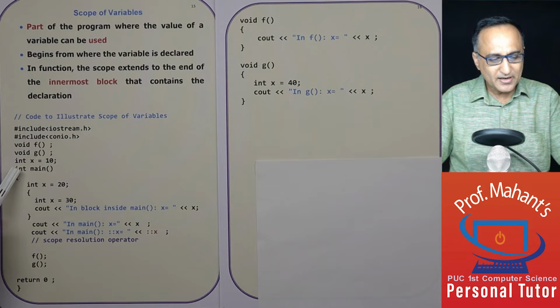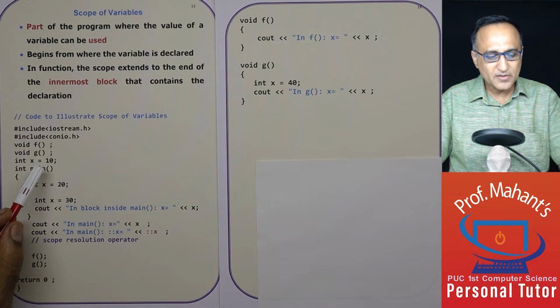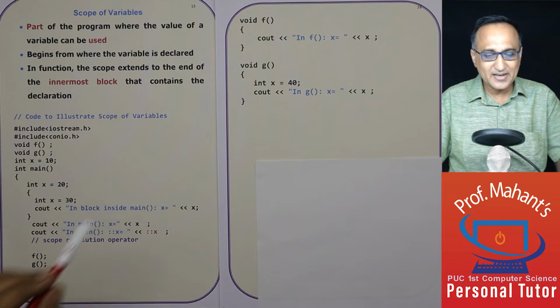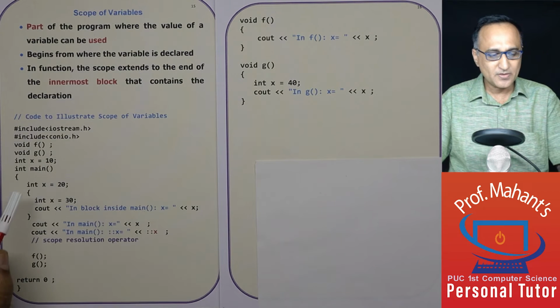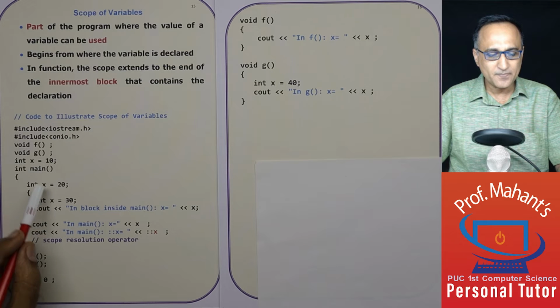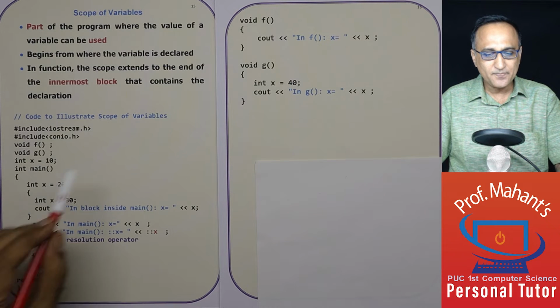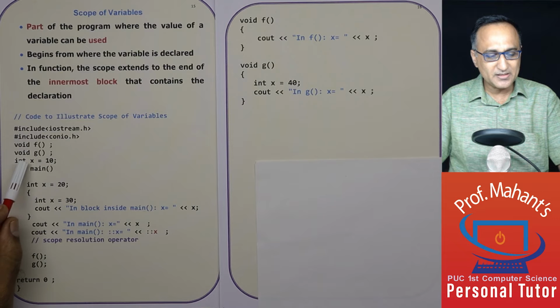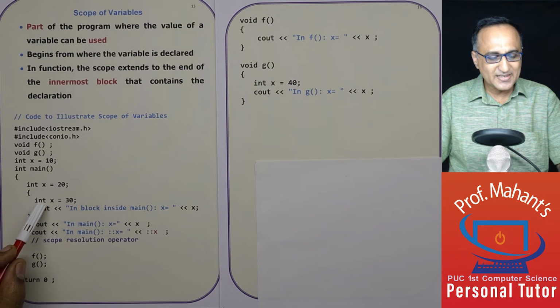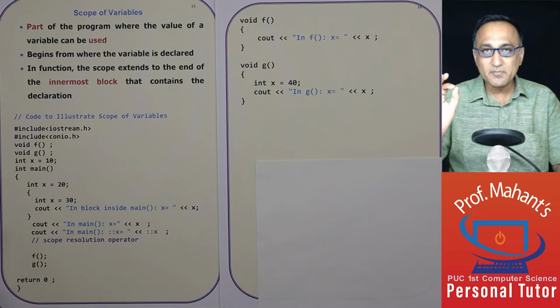Then I have declared an integer variable x with the value 10, and this x, since it is declared outside each function, is known as a global variable, which we discussed before. This x is a local variable, this x is a local variable, this x is a global variable. All the x's declared are different memory locations in this particular program.